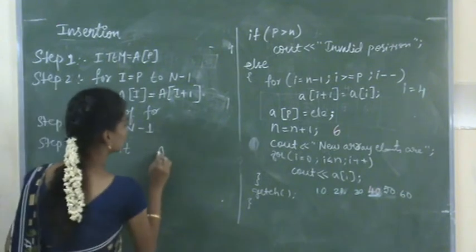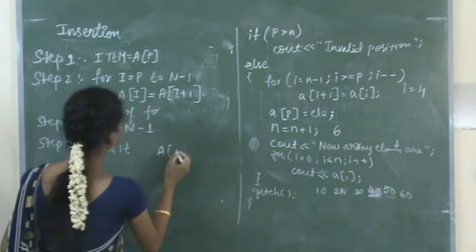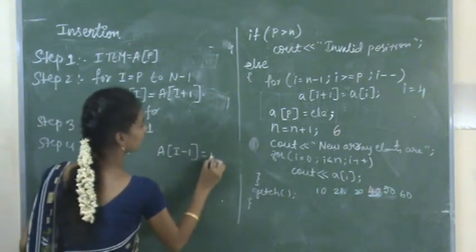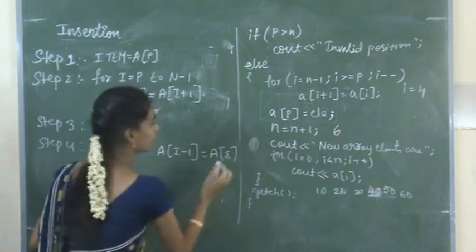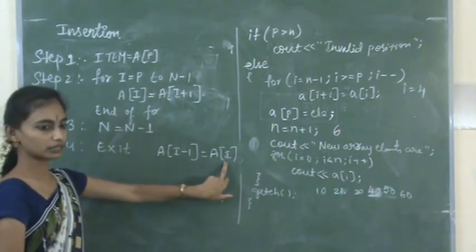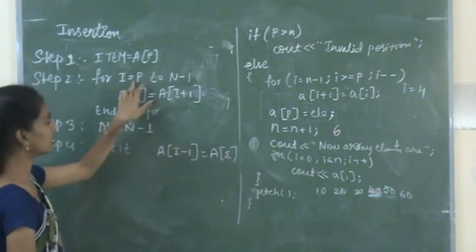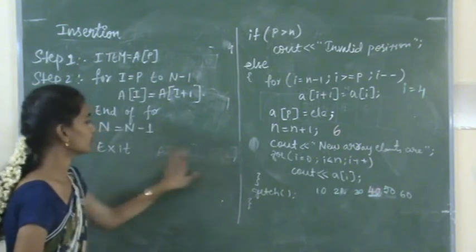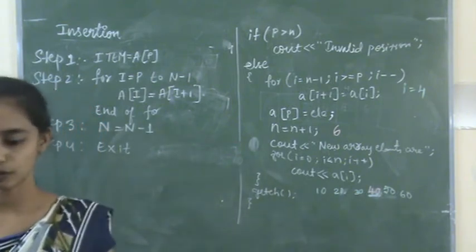So you can write it like this, or you can write A of I. At the position where we have inserted, that will be shifted. So for that this becomes P plus 1. Okay, so let's consider one example for this.